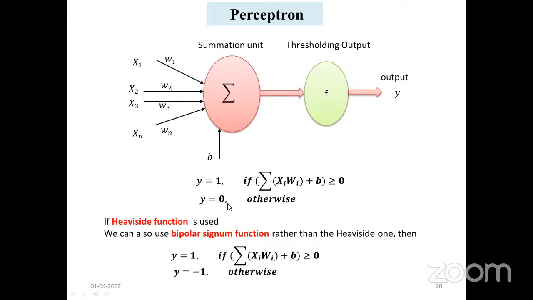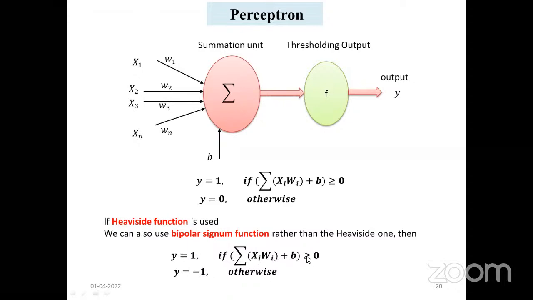That is if we use the Heaviside activation function. In the same problem, we can use a different activation function. Say we are using the bipolar signum activation function. If we use this activation function rather than the Heaviside activation function, then the output becomes like that. Here we have the input.